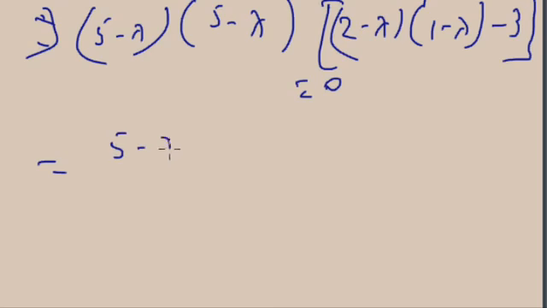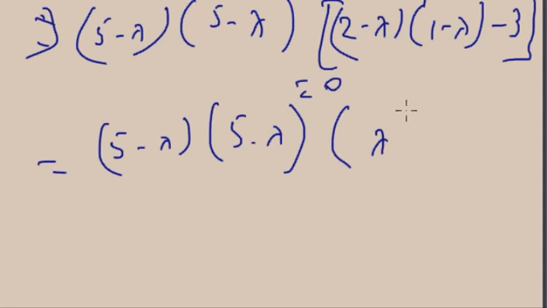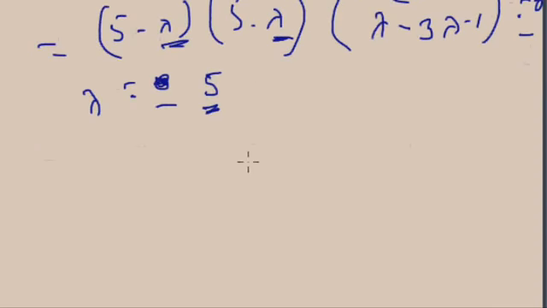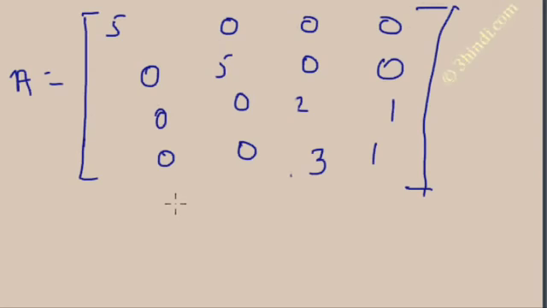This means 5 minus lambda into 5 minus lambda, and if you solve this you will get lambda square minus 3 lambda minus 1 is equal to 0. Here one lambda value is 5. Lambda is equal to 5. So A is this matrix.